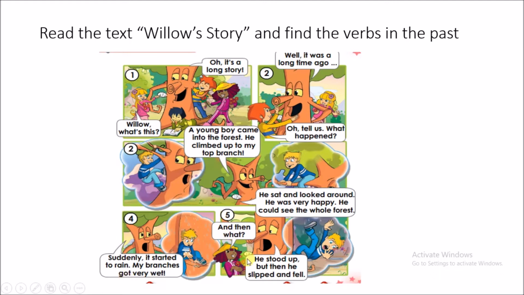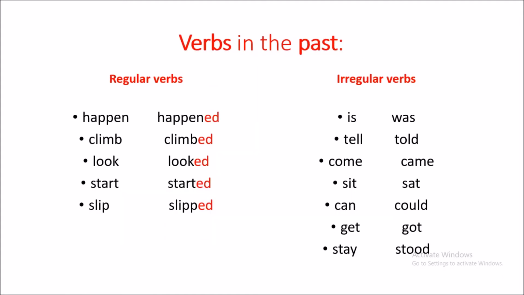And then what? He stood up. So stood up is an irregular verb. But then he slipped and fell. Slipped, regular with ed, and fell is an irregular verb. To understand them better, let's have a look at all the verbs that appeared in this text.